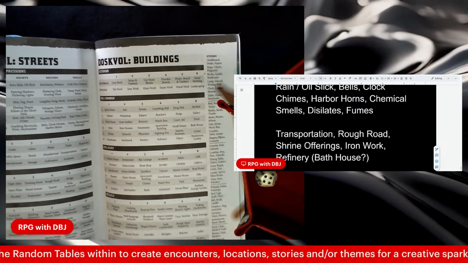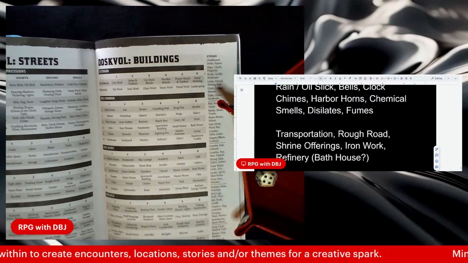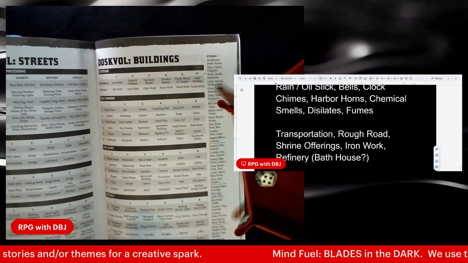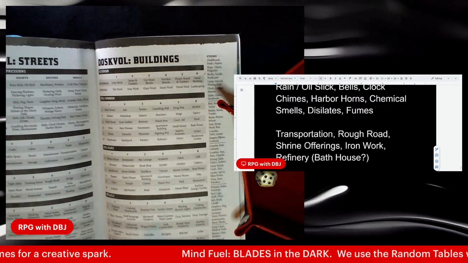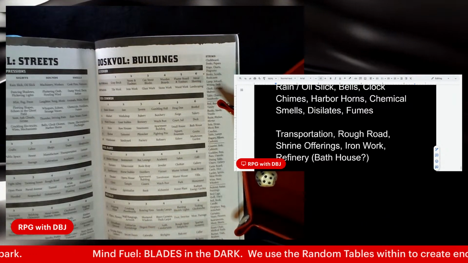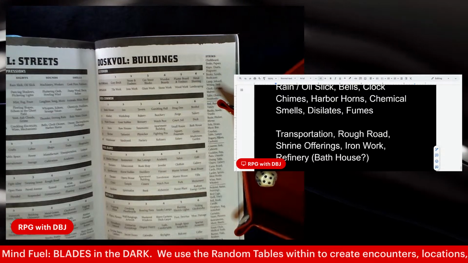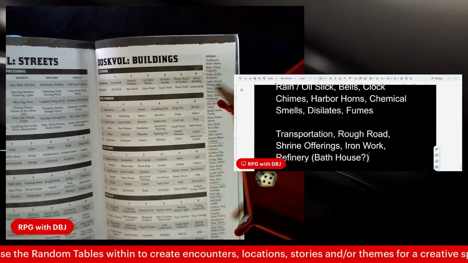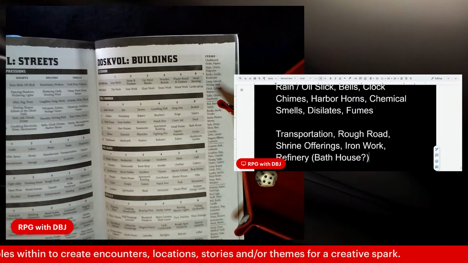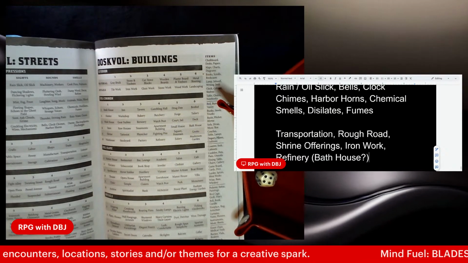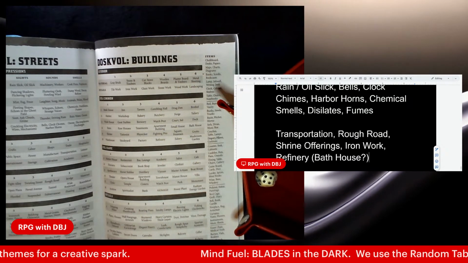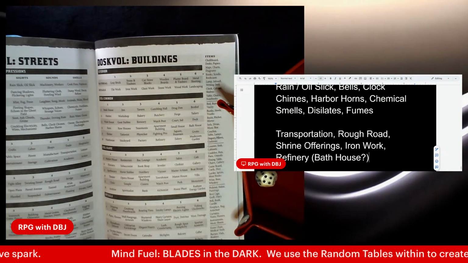Now, bathhouse doesn't fit, but that's actually a good thing because, in my mind, I'm thinking of ships coming in the harbor, workers loading and unloading cargo. There's a chemical smell. There's a refinery nearby, maybe, but maybe a bathhouse is a criminal's hidden little area used for themselves.